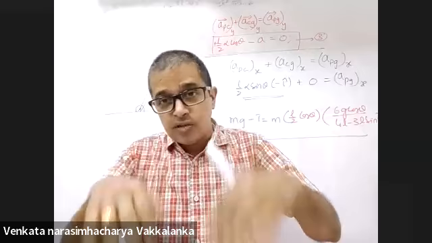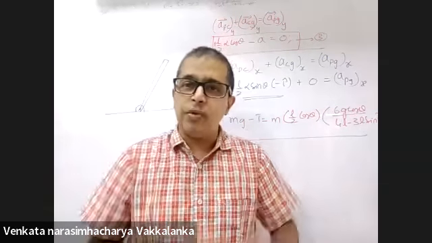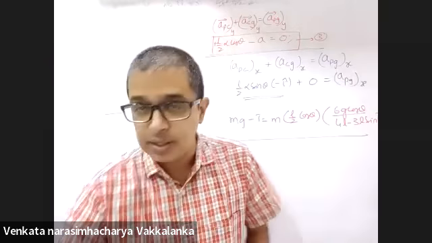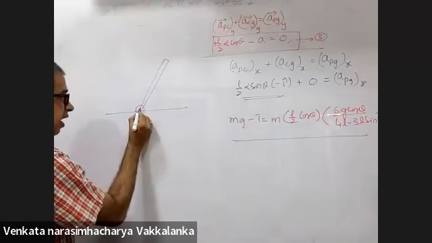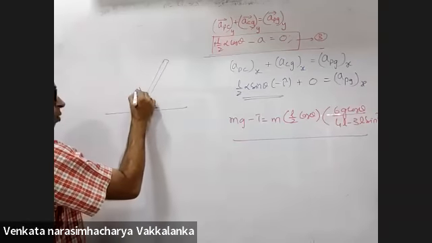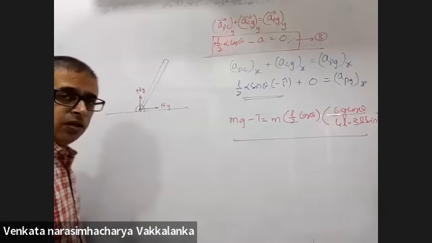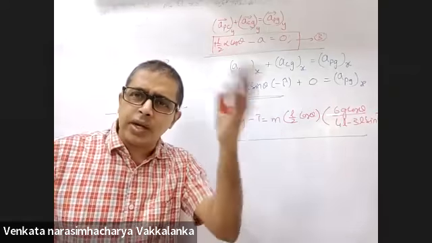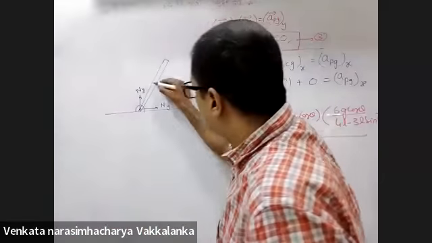Hinge forces we will come to in the 6th lecture from now, or probably next lecture I'll pull it ahead to complete this concept. Hinge force direction keeps changing. It will have an NX, it will have an NY. I don't know which direction it will be. So what do I do? Take the torque about the hinge. Now I will not take the torque about center of mass.